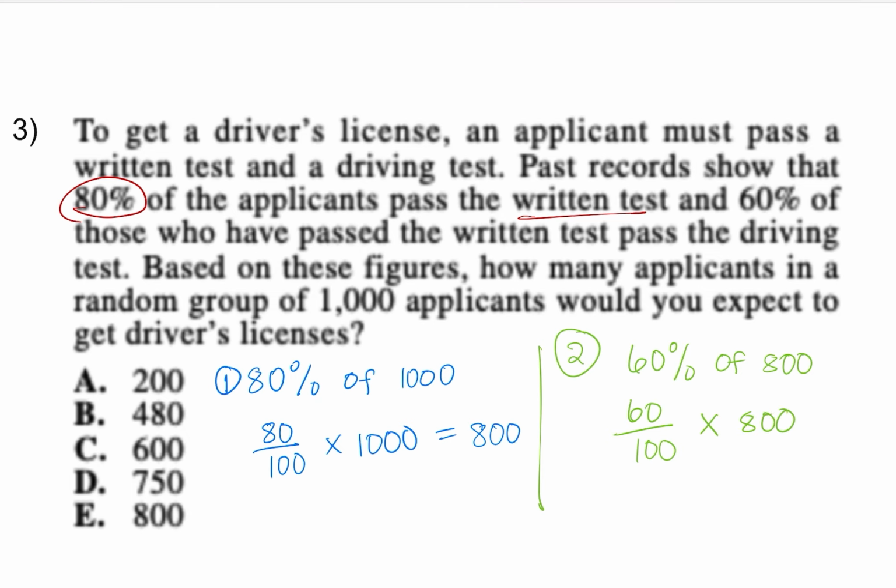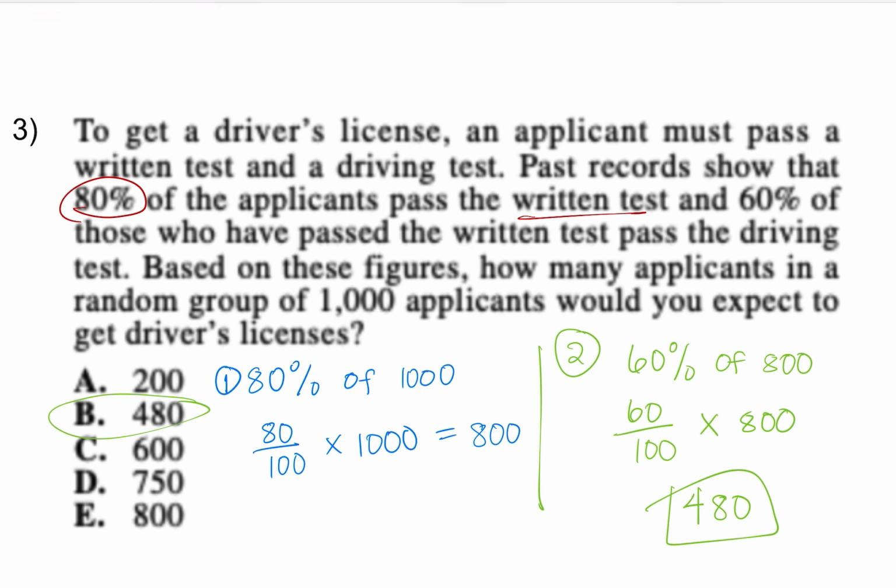When we put this in our calculator, or we can do this manually, it should give you 480. So therefore letter B is the answer. Of the 1,000 applicants, 480 will pass the driving test. 480 applicants.